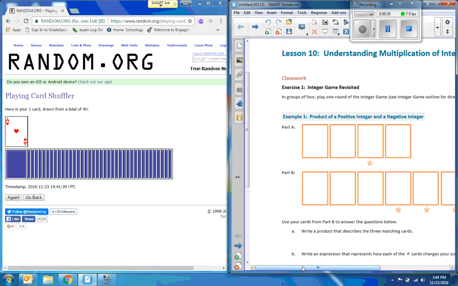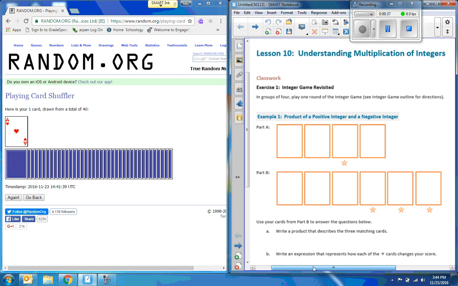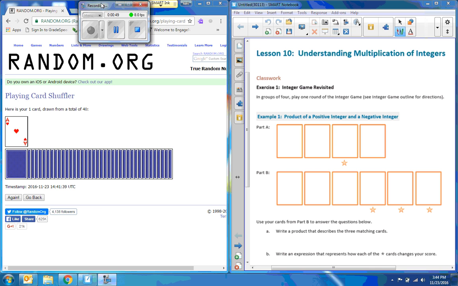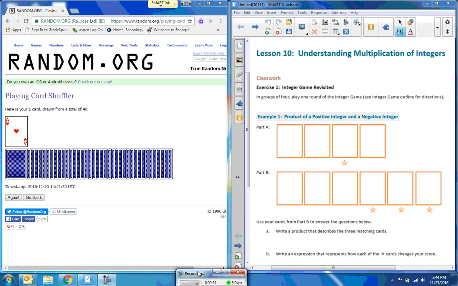So here's example 1. I have a random card generator here so you can see it. My first card I drew was an ace. So an ace means, let's move my recorder out of the way.